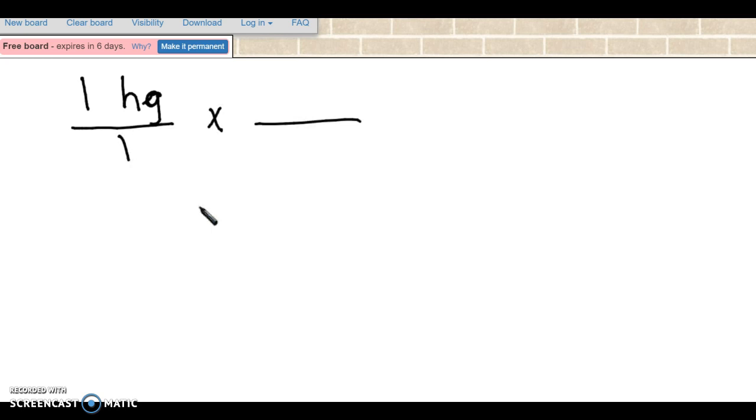We want to get rid of hectograms, so it needs to go in the denominator so that when we multiply our fractions straight across, the denominator will cancel out those hectograms. And we want to end up with grams.